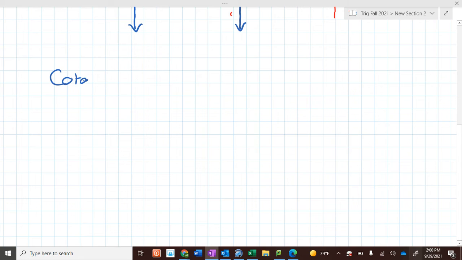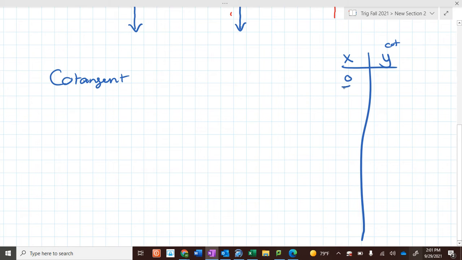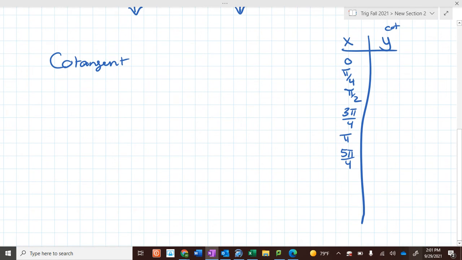Cotangent of x. Okay, cotangent. So that's cosine over sine.